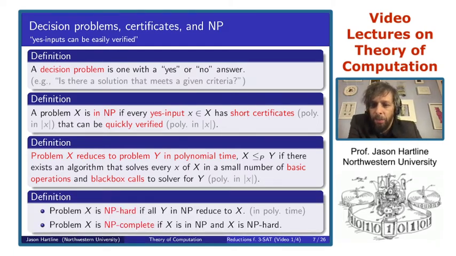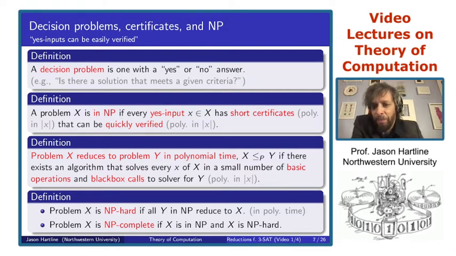Okay, and now we'll say a problem X is NP-hard if any problem Y in NP can be reduced to X in polynomial time. What this means is if we have an algorithm that solves X, then we can solve any problem in the family of problems NP.